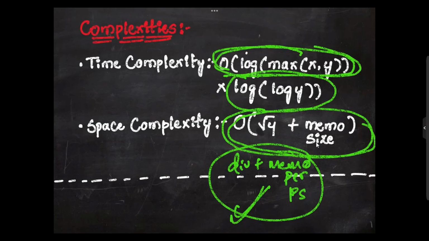And the space complexity would be O(square root of y plus memo size) due to the divisors plus memoization for the previous states. I hope the complexities part is completely clear along with the approach. As we are completely familiar with the approach and complexities, let's start writing the code.